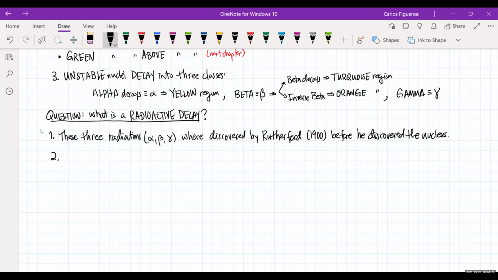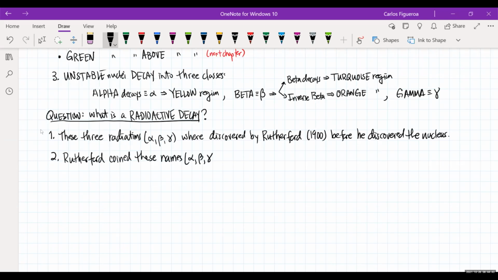Two, Rutherford coined these names. Again, what are the names?